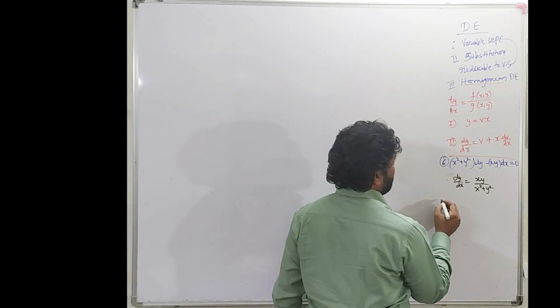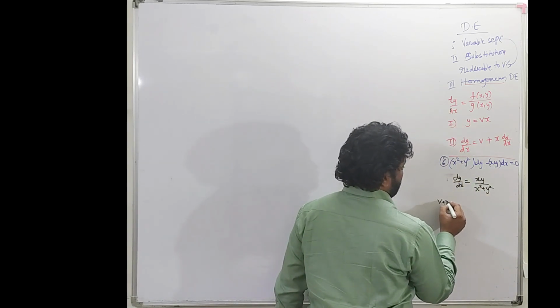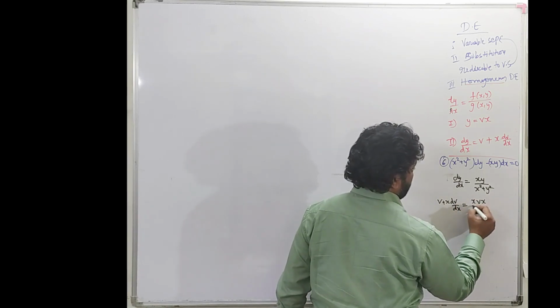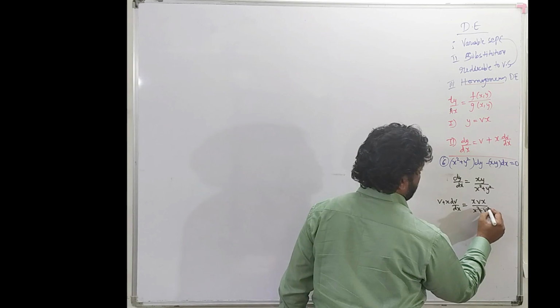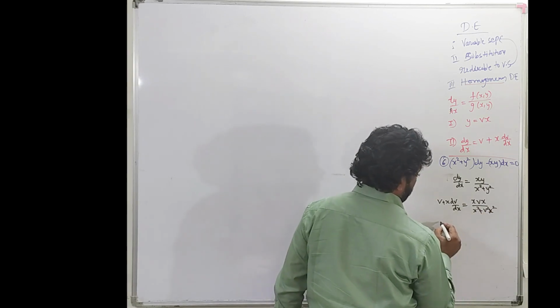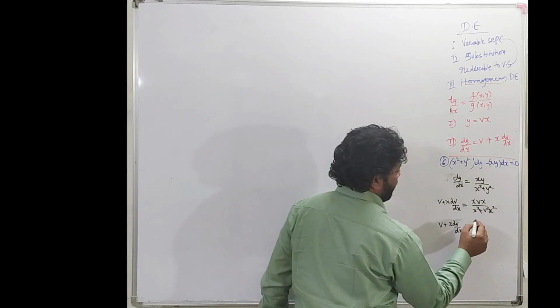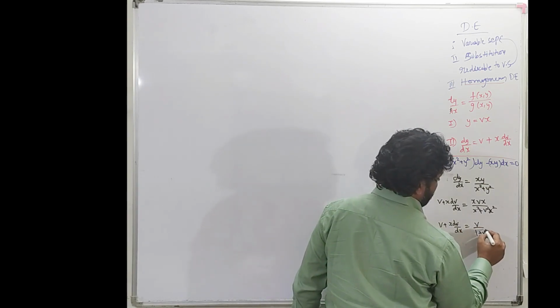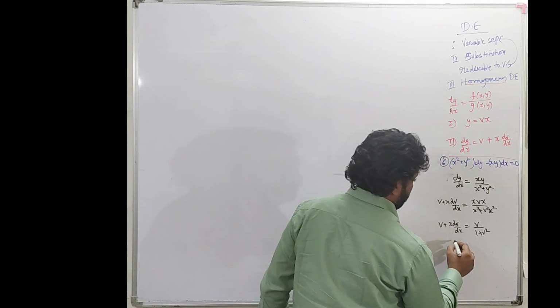We'll use step number 1 and step number 2 to solve this equation. We can take out x square common from the numerator and denominator and it gets cancelled.